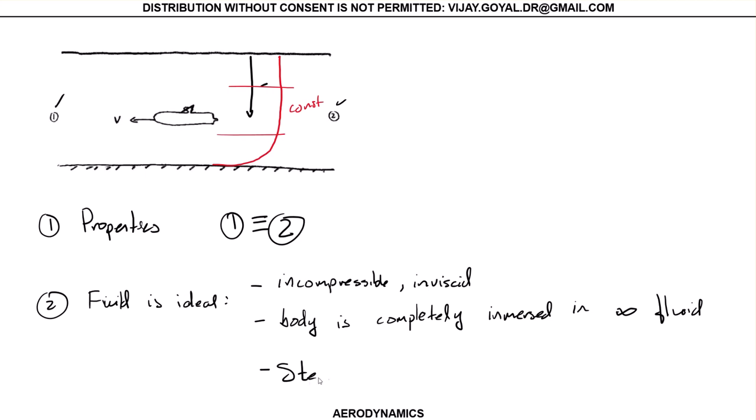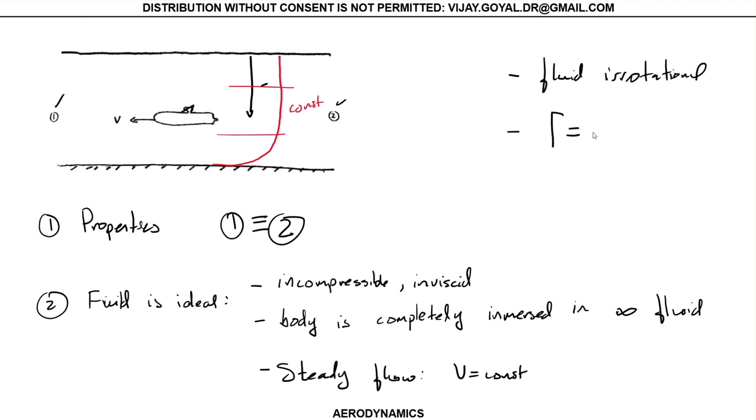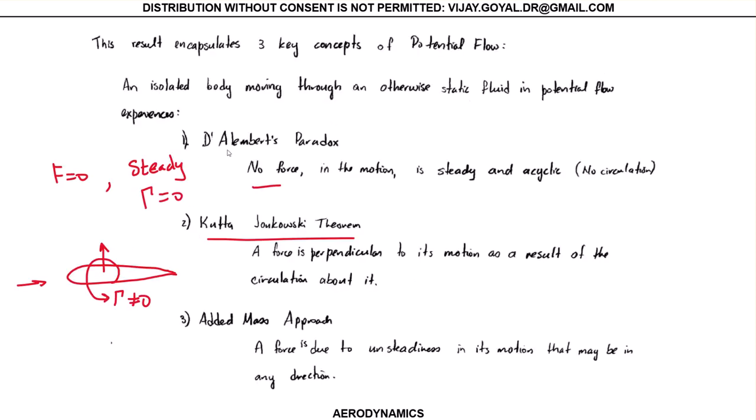We're going to assume that the flow is completely steady. By steady flow, we mean that V is actually constant in our problem. We can assume that the fluid is irrotational, and also that your circulation is zero over every possible closed circuit. If there's no circulation, if you remember d'Alembert's paradox, then there's absolutely no force.